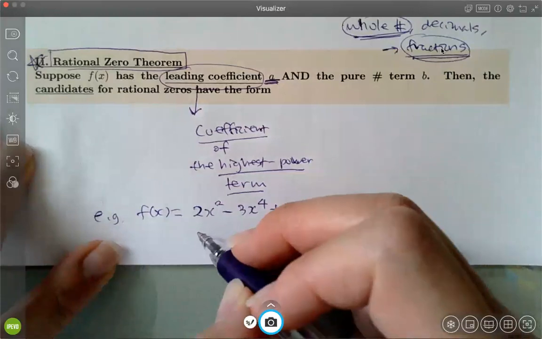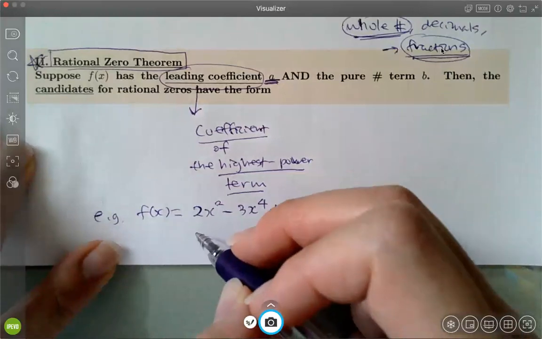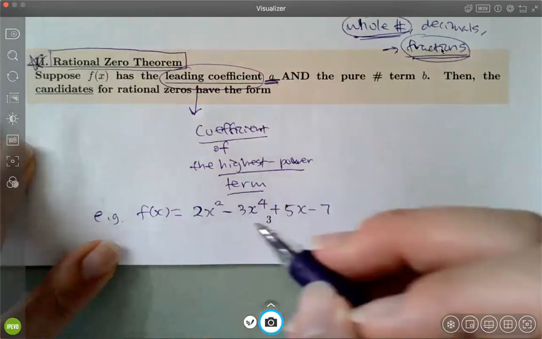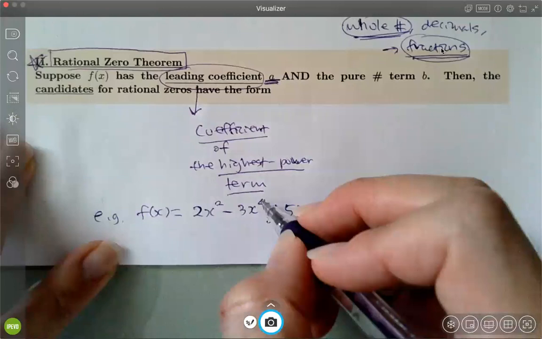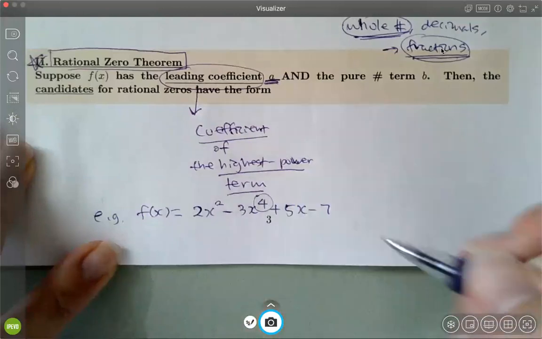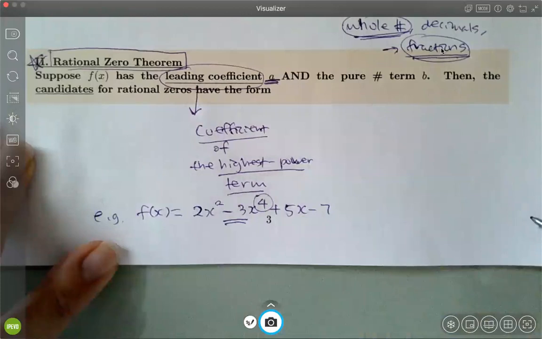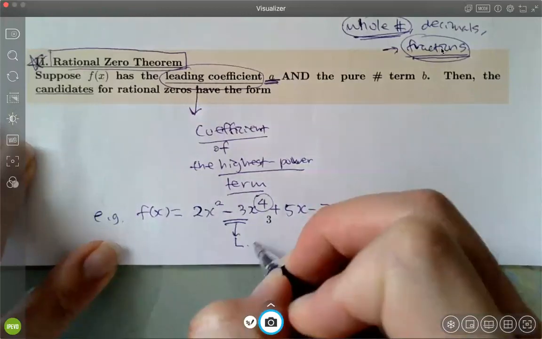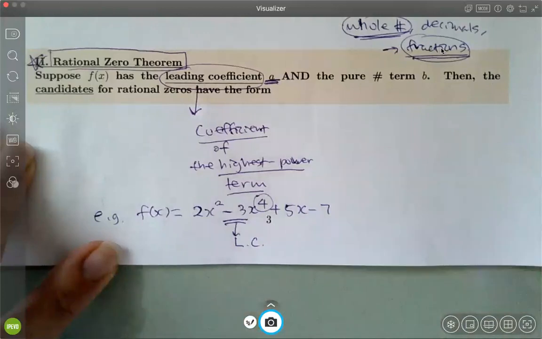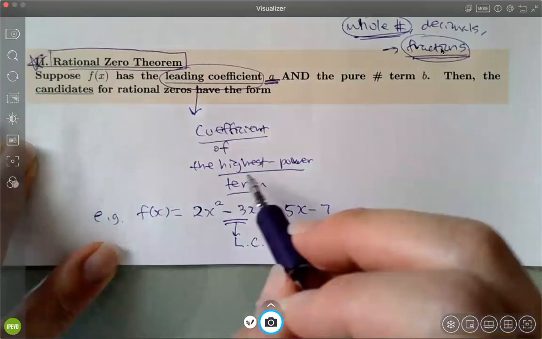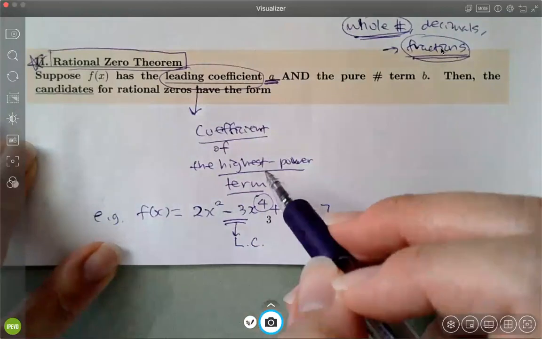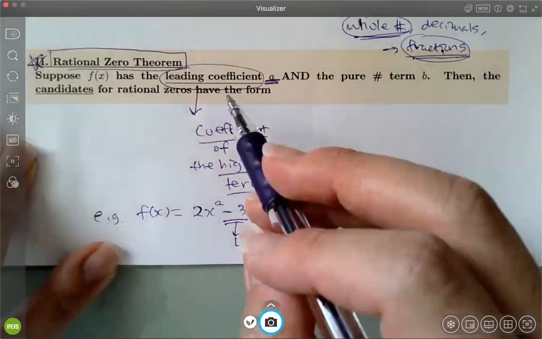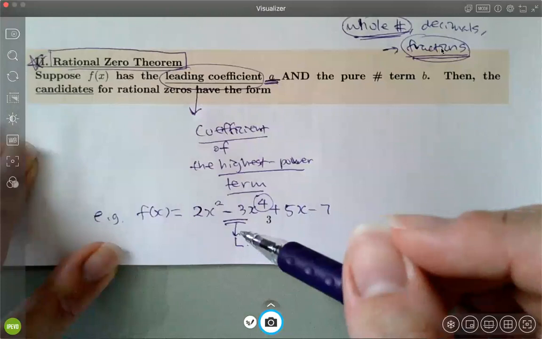But that's not true, because what is the highest exponent here? 4, right? And what is its coefficient? Negative 3. So that is the leading coefficient. LC means leading coefficient. So your leading coefficient may not be the first coefficient that you see. To get the leading coefficient, you first have to find the largest exponent, and then its coefficient will be the leading coefficient. So be careful with that.